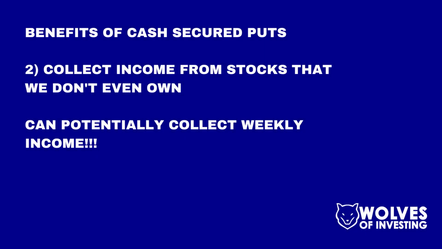This is a much better outcome than a limit order. A second benefit is that you can just collect regular income on a stock that you don't even own. Many stock options have weekly expirations, so you can potentially collect premium on cash secured puts every week.